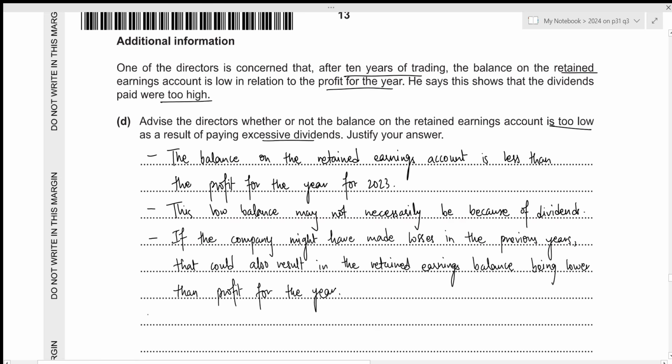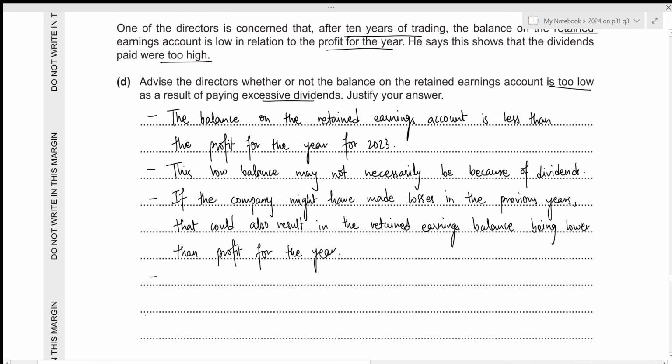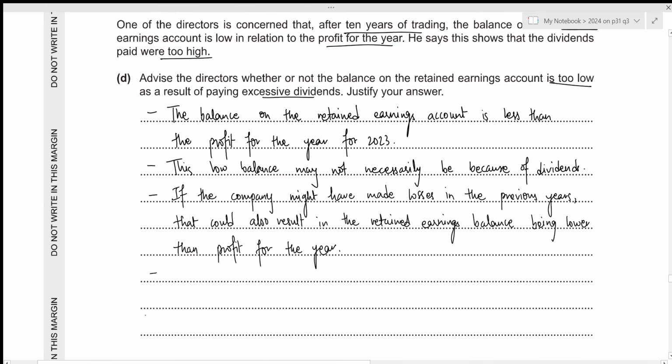And another reason why the retained earnings account could be too low is because the company might have used retained earnings in order to fund a bonus issue of shares.